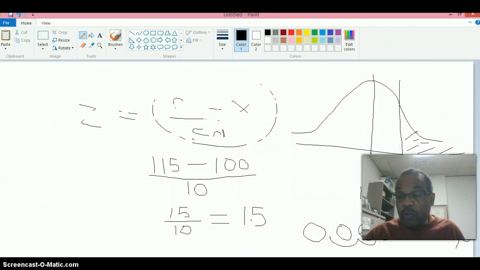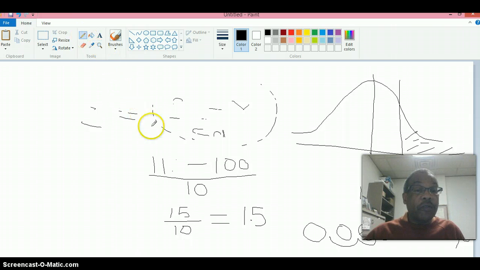I will have to figure out very quickly a way of scrolling down here. Let's see. Okay, so what I'm going to do is change this from 115 to 112. 112 minus 100 is really 12, not 15, so this here will be 1.2 and not 1.5.